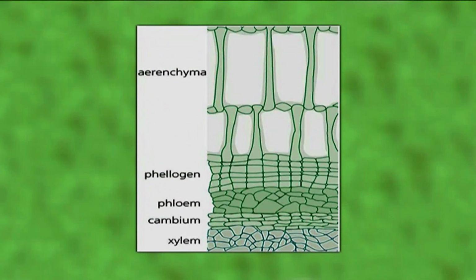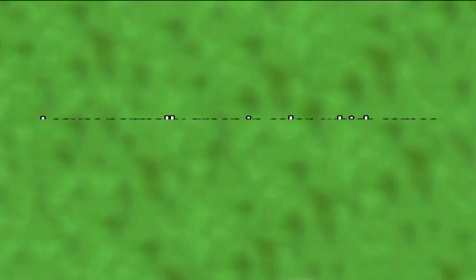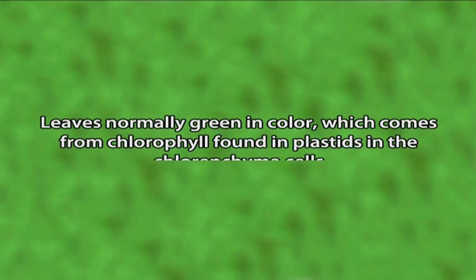Instead, homogeneous thin-walled cells separated by large gas-filled spaces, called aerenchyma, are present, which is meant for the gaseous exchange. Leaves are normally green in color, which comes from chlorophyll found in plastids in the chlorenchyma cells. In some plants, variously colored leaves are present and their color is determined by various types of chromatoplasts.